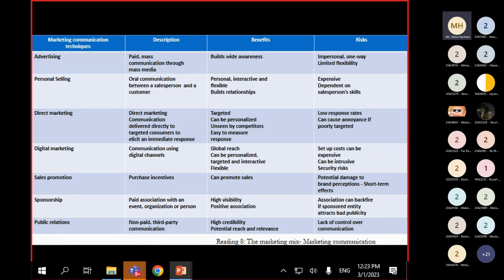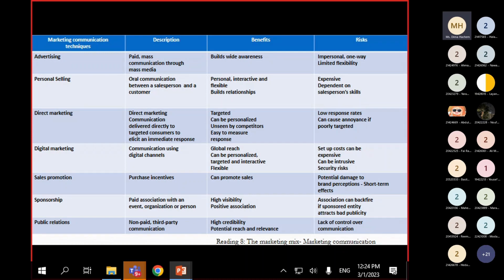Also by email, all of these are digital marketing. Nowadays, it's very hard to speak about marketing without speaking about digital marketing. Okay? Digital marketing has become the most used way for all companies to reach their customers because of all the advancement of technology. So anytime you use a digital channel, this is called digital marketing.